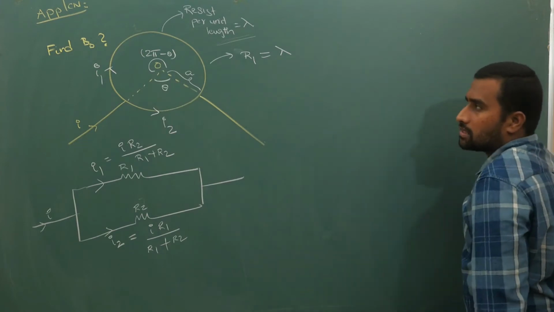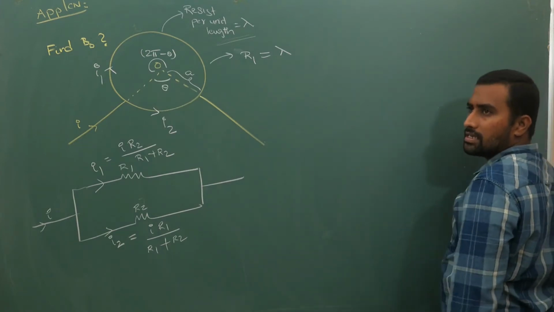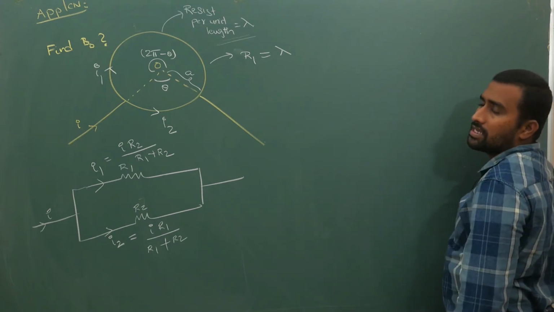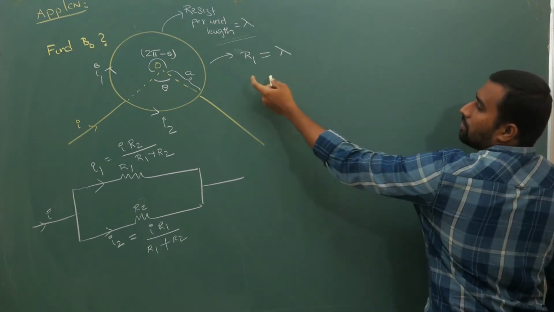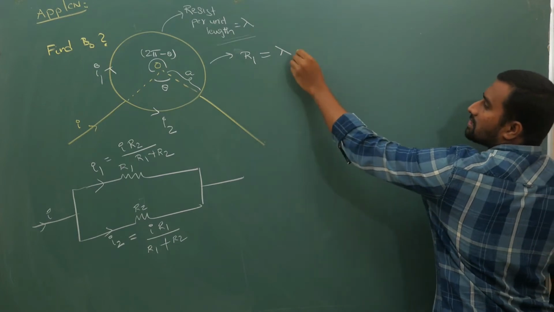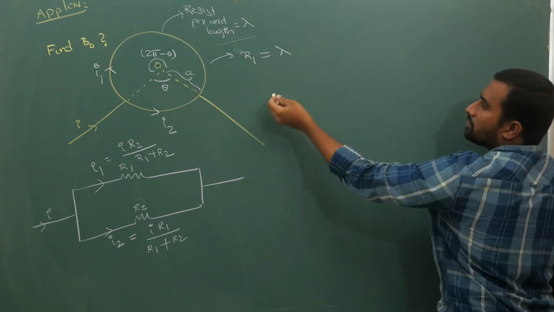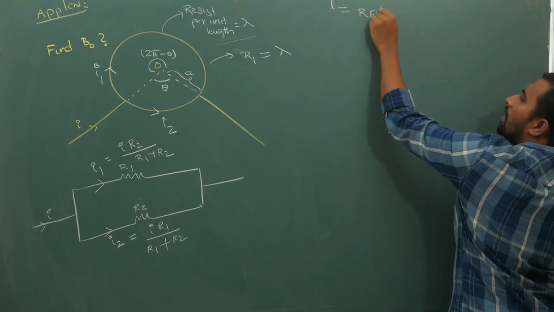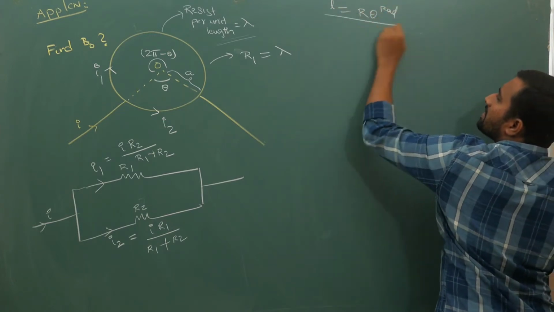So I represent this resistance by capital R1. R1 is lambda times the length of the arc. In maths you must have studied L is equal to R times theta in radians.